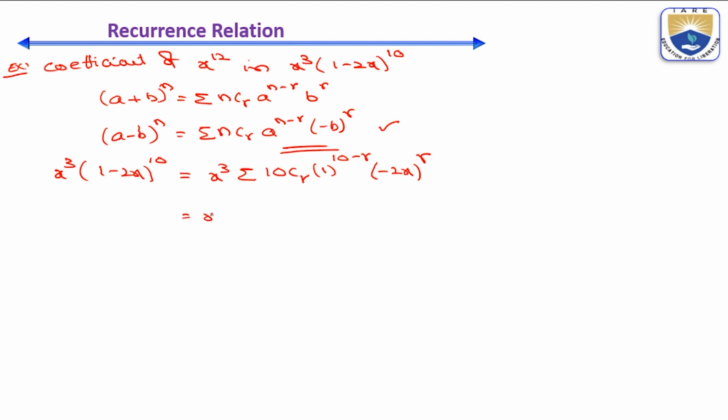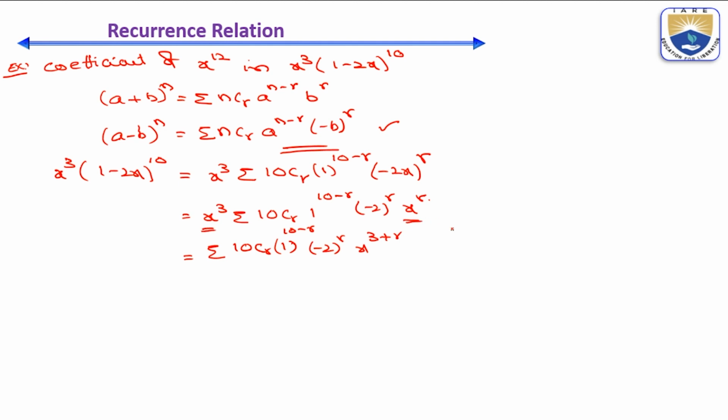Now this is x to the power of 3, and then this will become summation 10Cr 1 to the power of 10 minus r, then minus 2 to the power of r, then x to the power of r. Then this we are going to consider, taking x cube inside: 10Cr, 1 to the power of 10 minus r is nothing but 1 only, and minus 2 to the power of r, then x power 3 plus r.